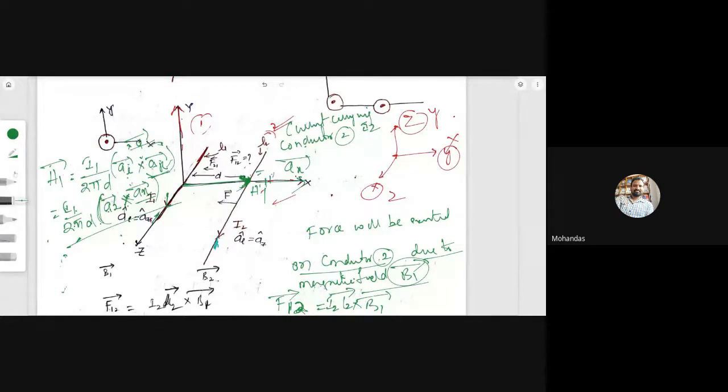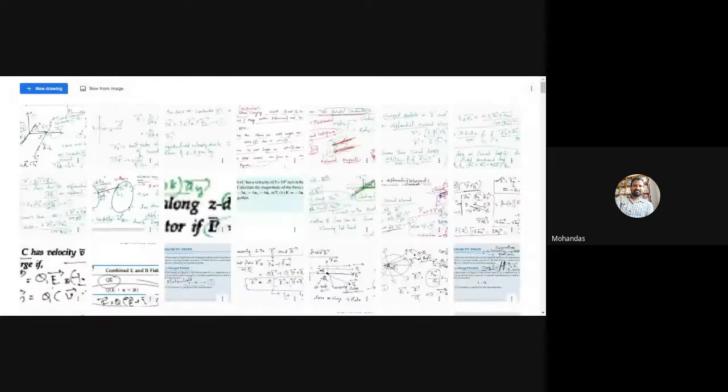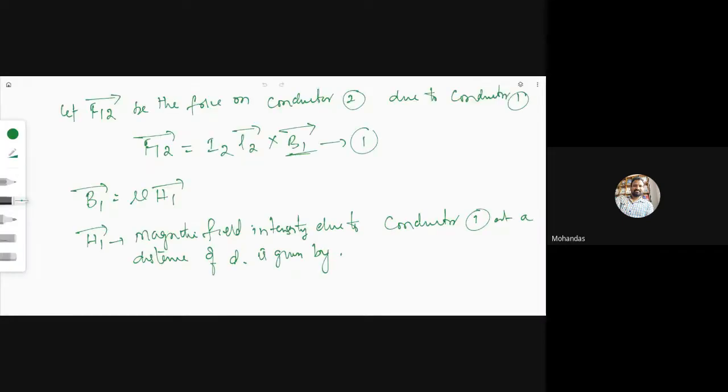Now, the magnetic field intensity due to conductor 1 at a distance of d is given by H1 equal to I1 by 2 pi d AZ cross AX.